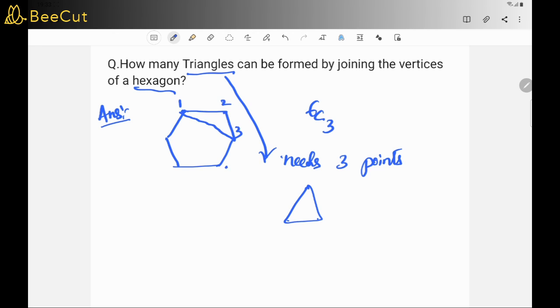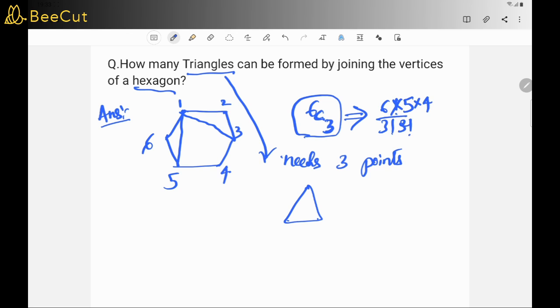And assume there is point number 4, point number 5, point number 6. So I will select 1, 6 and 5, I'm able to form a triangle. So out of the total number of vertices, if I select any 3, I am able to form a triangle. So the answer is 6 factorial divided by 3 factorial into 3 factorial, which is 6 into 5 into 4, divided by 6, so the answer is 20.